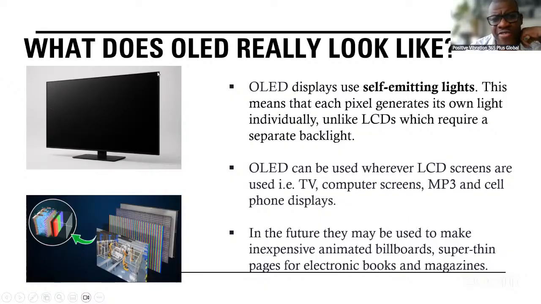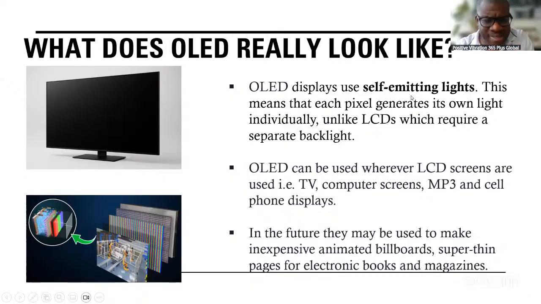They're very thin, even thinner than LCDs. All right, good. The major difference is, remember that LCD has a backlight that shines through the LEDs that are before it. These now don't have a backlight. They actually have self-emitting light.